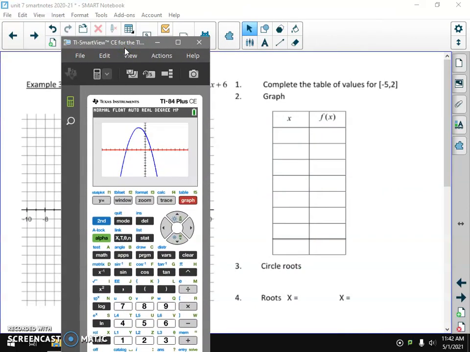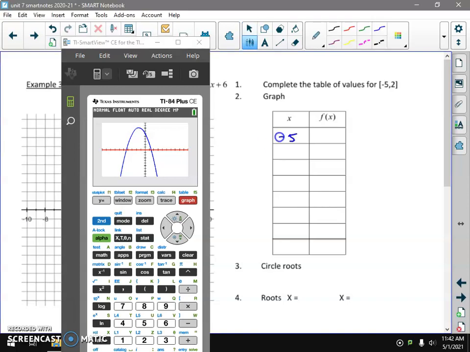Interval is from -5 to 2. -5, -4. Pardon me, -4, 2. -3, 6. -2, 8. -1, 8.